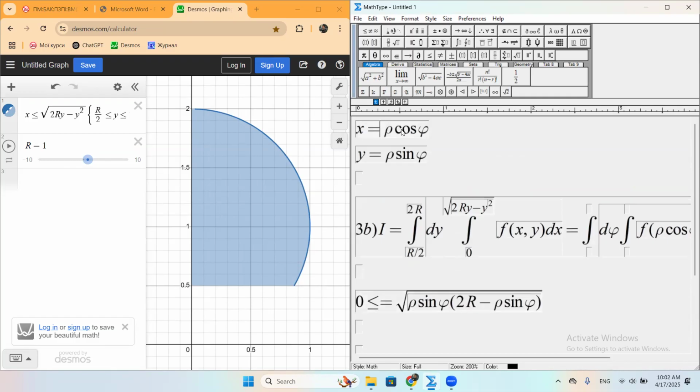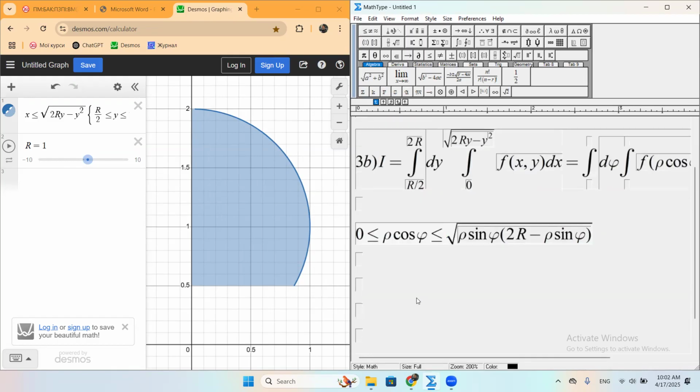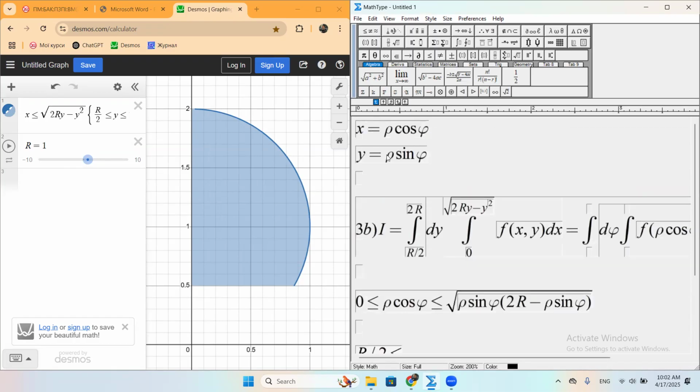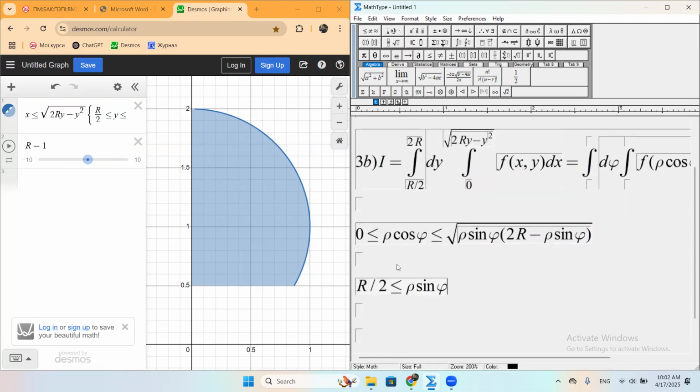So ρ cosine of φ is between these values, and ρ sine of φ is between r over 2 and 2r.